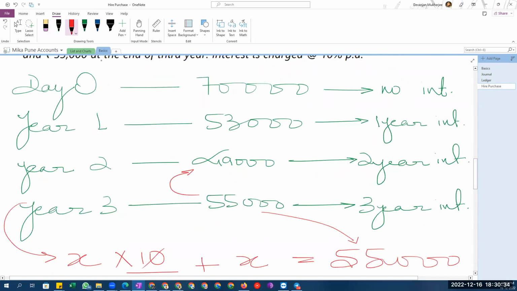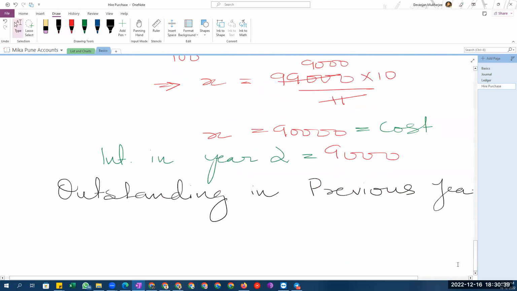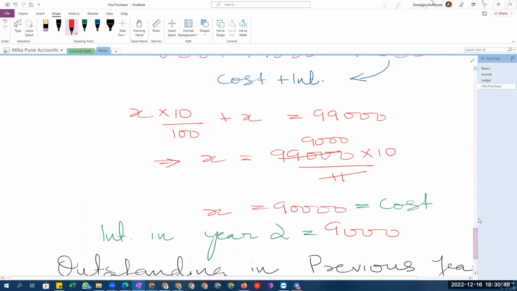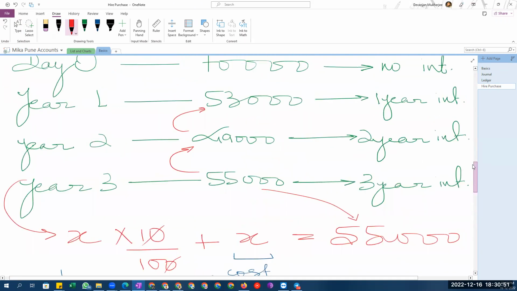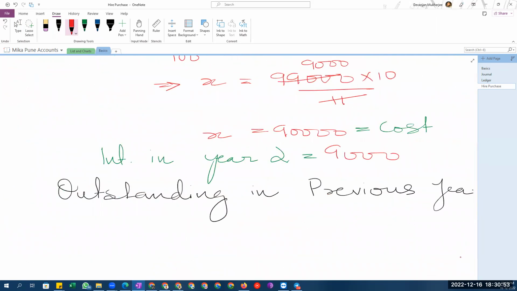We'll again go back from here to here. So then outstanding in the previous year would be 50, plus 9,000, 53. Not the 9,000, the 90,000.